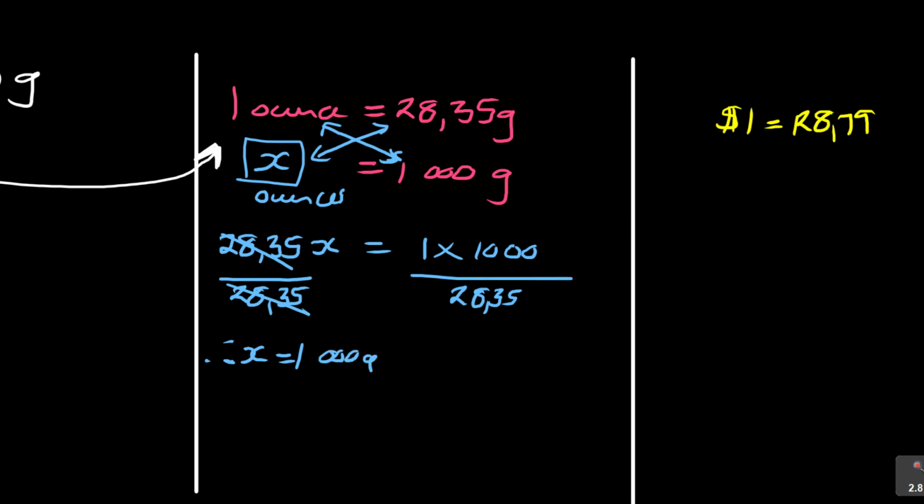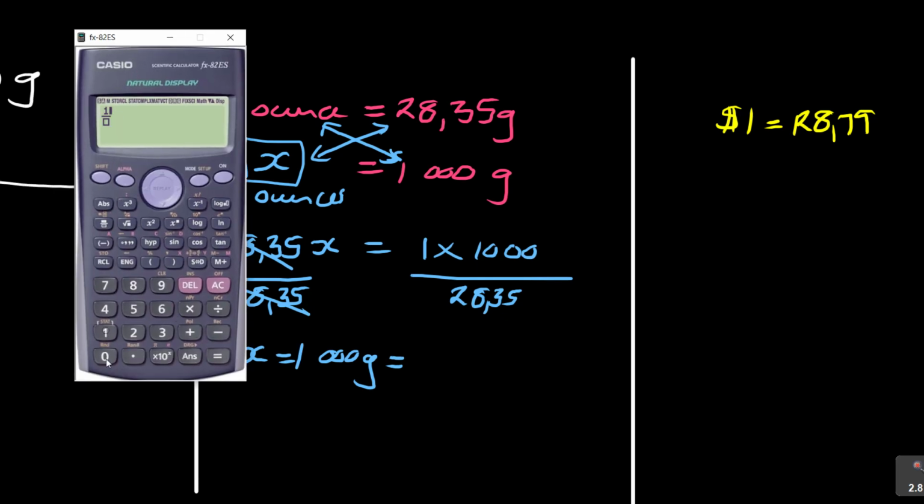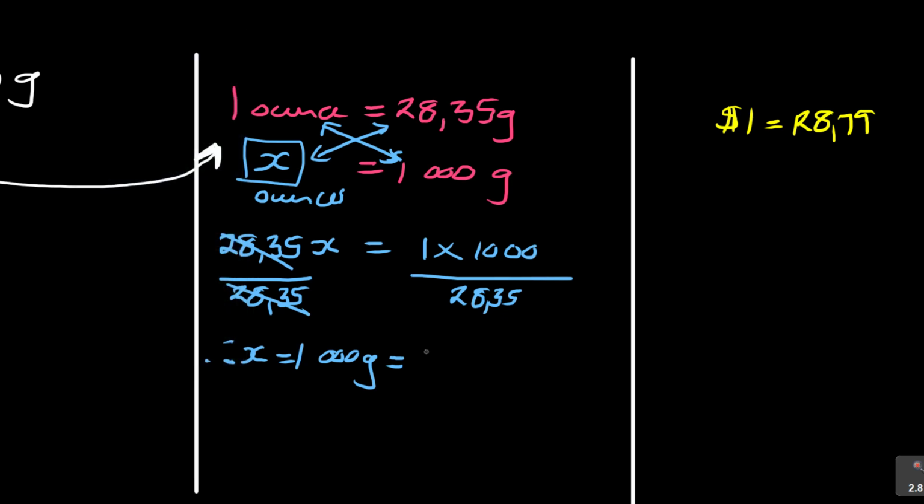How much is this 1,000 grams in ounces? So you divide by that. You are converting grams to ounces. So it's 1,000 over 28.35. See, what do I have? 35.273. Let's take it for now. Since we're still working out, let's maintain it to 3 decimal places, which is 35.273.